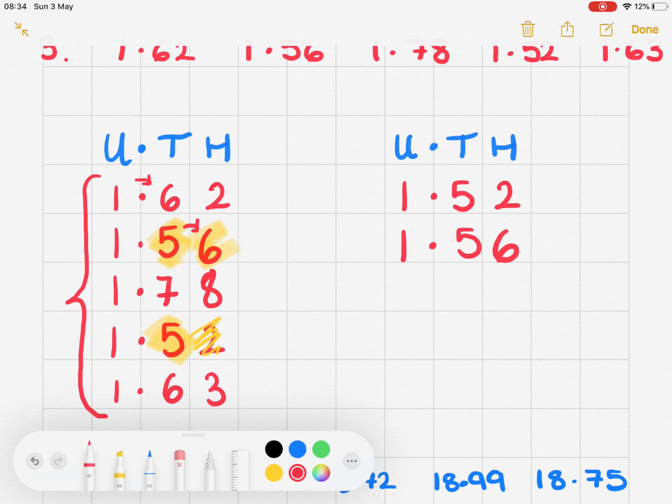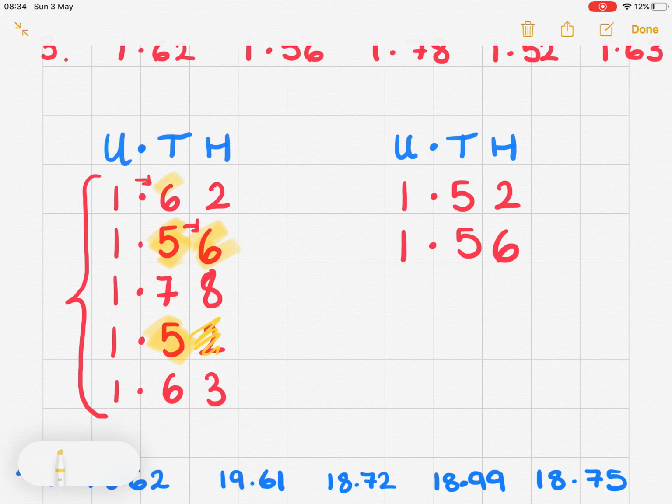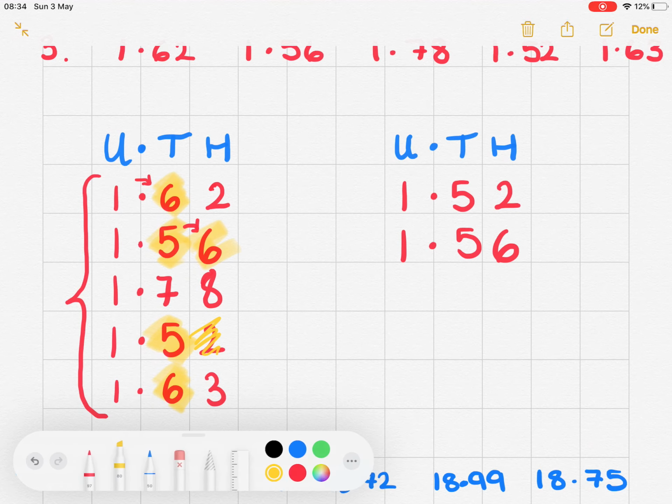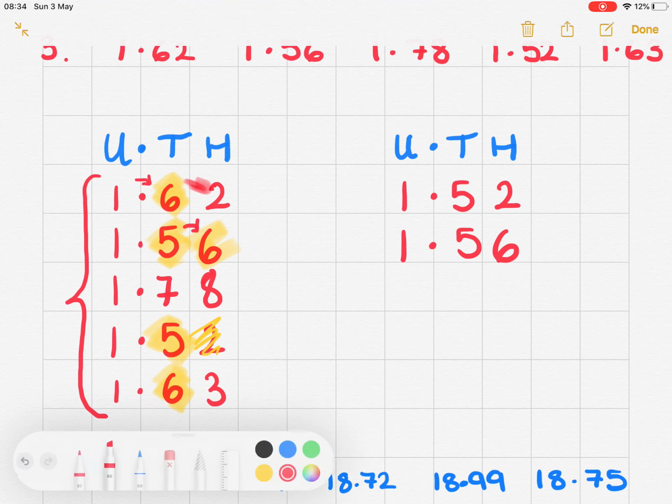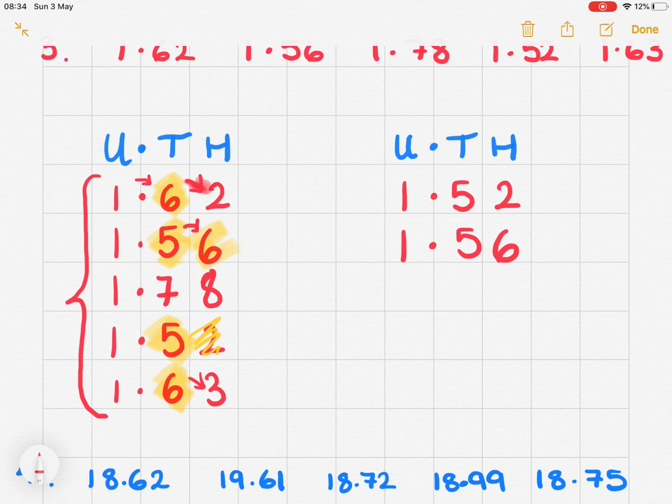Okay. Smallest number next after that, is it 6 or 7? Well, it's 6, but again, we've got 2 of those. So we need to check the next column, okay, in our hundredths, and see what is smaller. Is it 2 or 3? Well, 2 is smaller, so my next number is going to be 1.62.